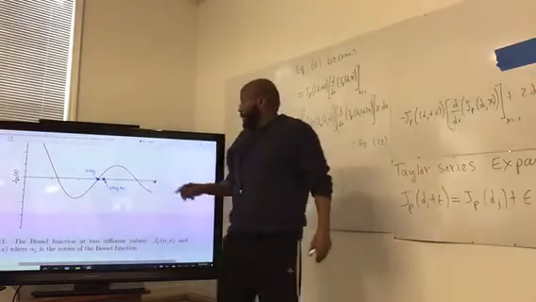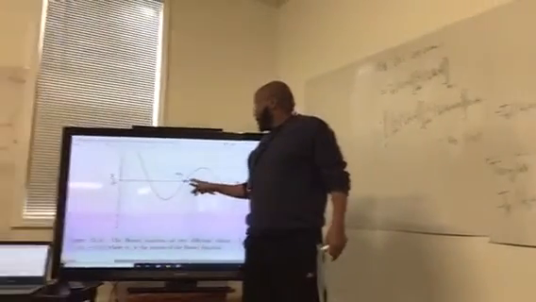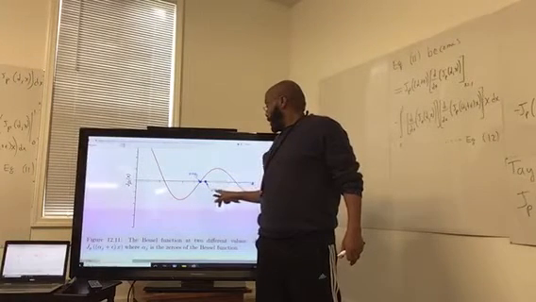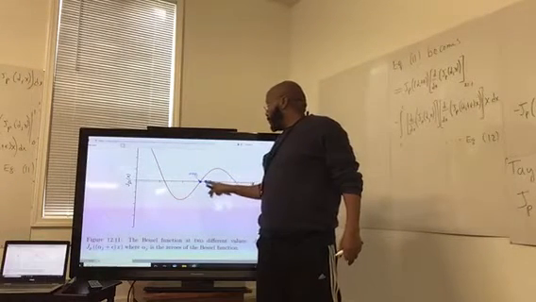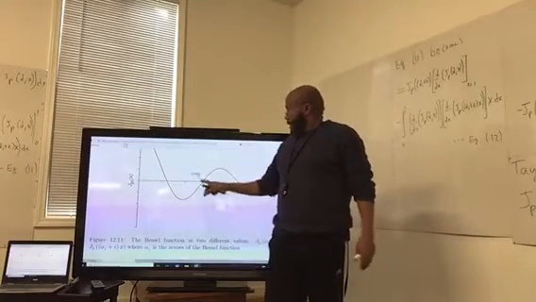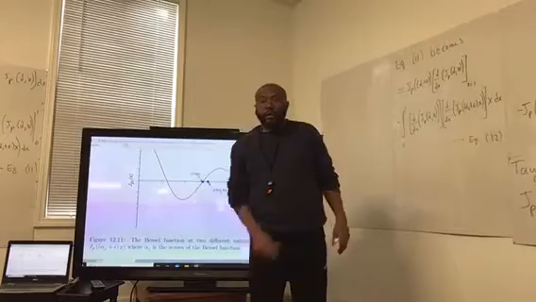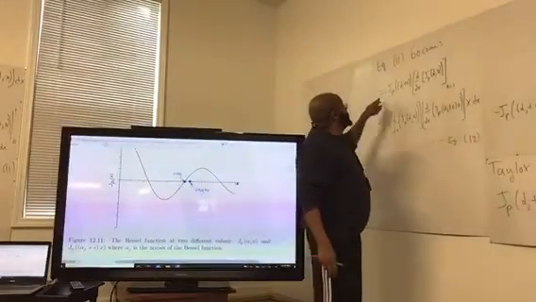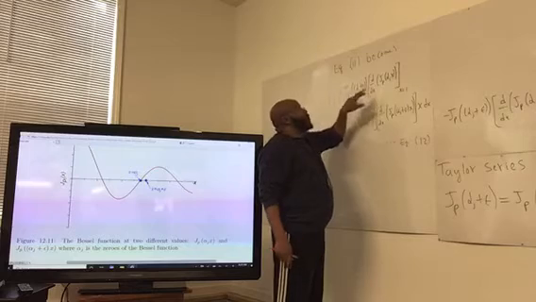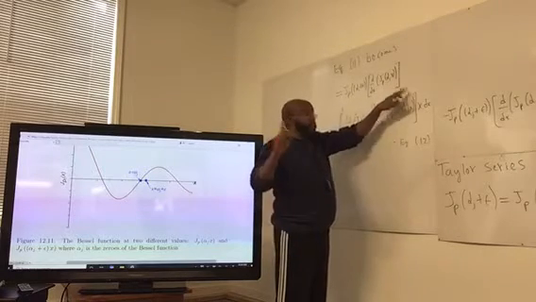As I showed you in the graph here, at alpha j plus epsilon, the function is not 0, but at alpha j, it is 0. Because of that, you have a non-zero value at x equals 1, which is very important.